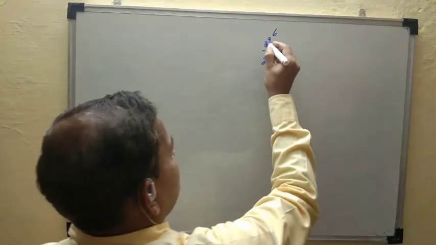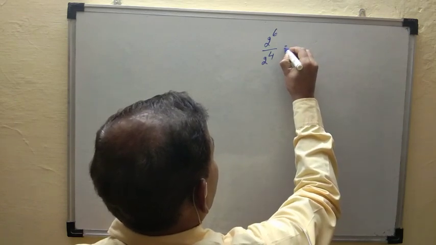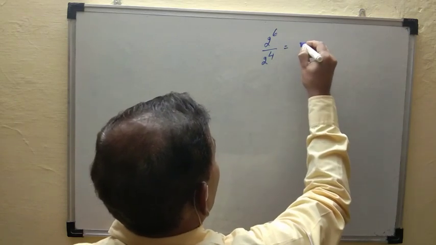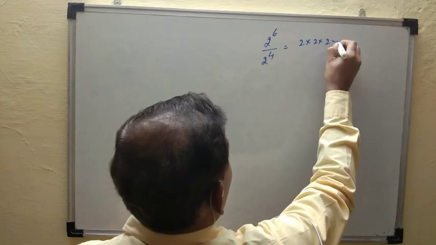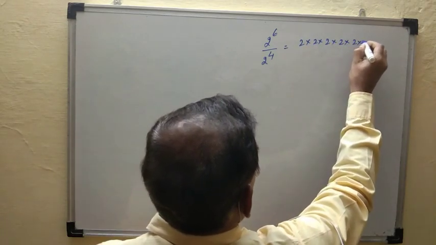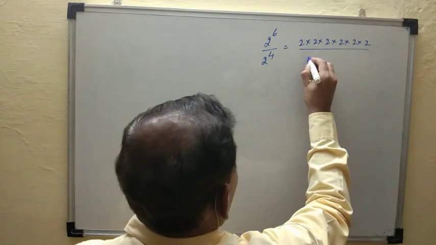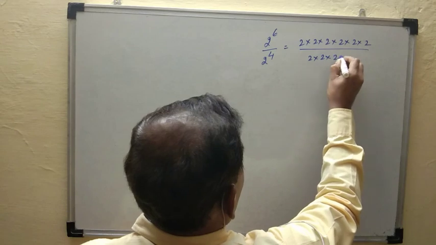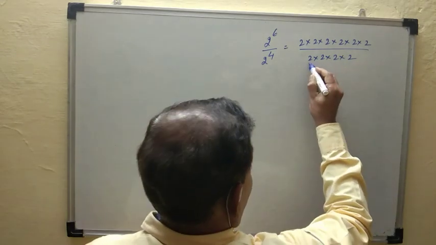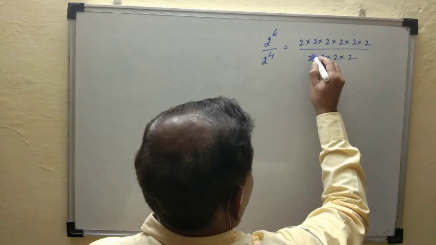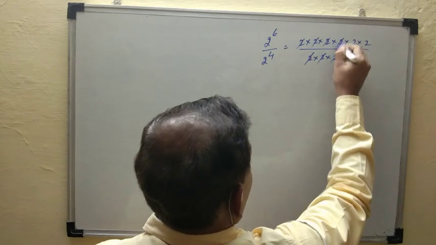So 2 to the power 6 is 2 into 2 into 2 up to 6 times, that is 2 into 2 into 2 into 2 into 2 into 2, divided by 2 to the power 4, which means 2 into 2 into 2 into 2, 4 times. So 4 twos cancel, this 2 cancels, this also cancels, this one cancels, this also cancels.